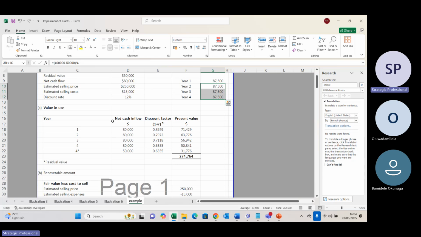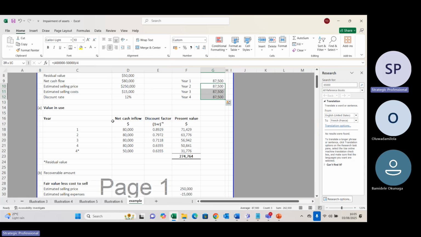As a result, any associated annual depreciation charge will reduce. Let me come again. When an asset has impaired, it actually means that the carrying amount has now been revalued to the amount of the recoverable amount.